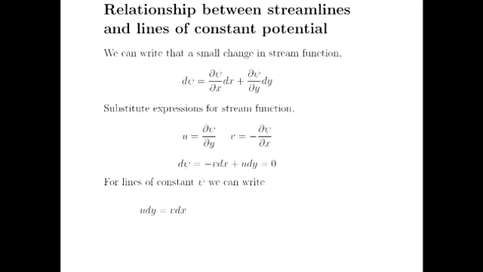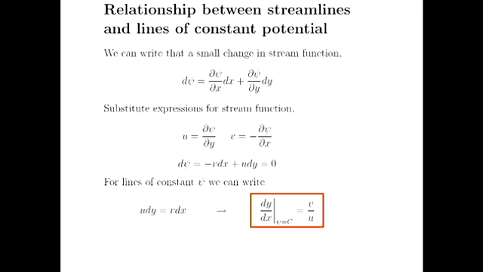So I just end up with this expression that we've come across previously, the equation for a streamline, that u dy is equal to v dx, okay? And I can rearrange that and just say that dy dx is just equal to v on u, okay? So dy dx for a line of constant stream function is equal to v on u. So my notation's a bit weird here.